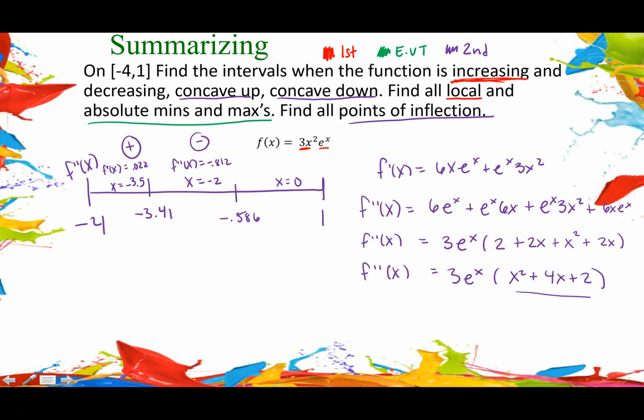And when I plug in 0, I get a positive 6. F double prime of x is 6. So I get a positive. All right, so answering the questions of concavity, here I have concave up because of the plus, and then I have concave down, and then I have concave up. So let's fill this in.